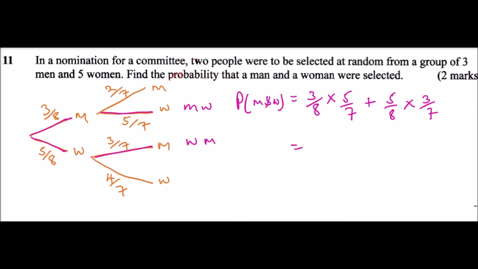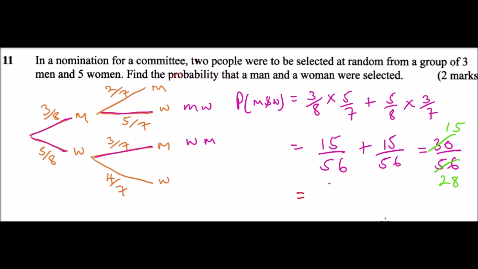So this is equal to 15/56, that is 8 times 7, plus 15/56, which will give you 30/56, because we have a common denominator. You can simplify by dividing by 2 to get 15 over 28. So the probability is 15/28. That is the probability of selecting a man and a woman.